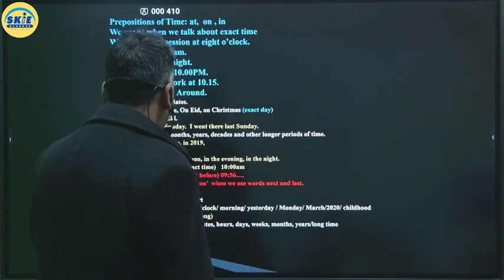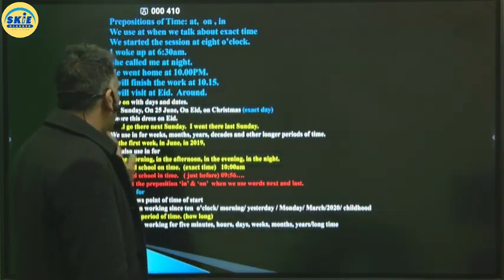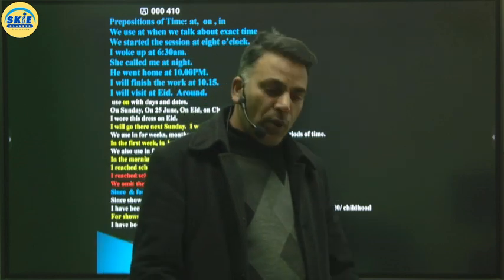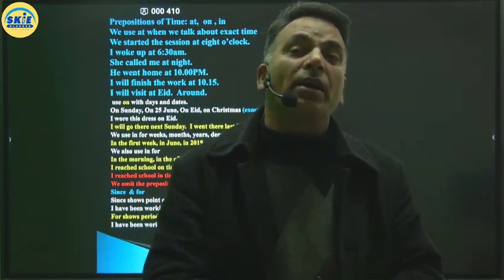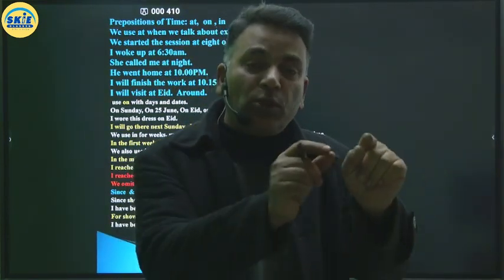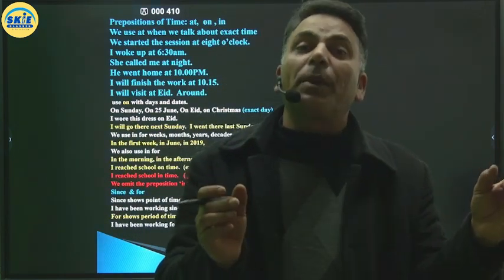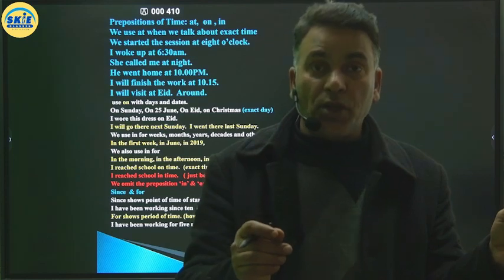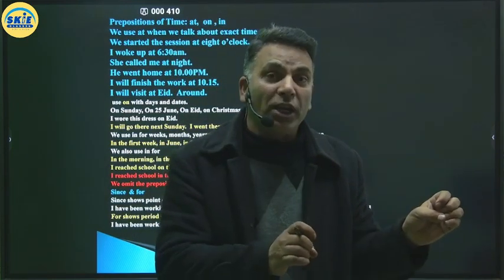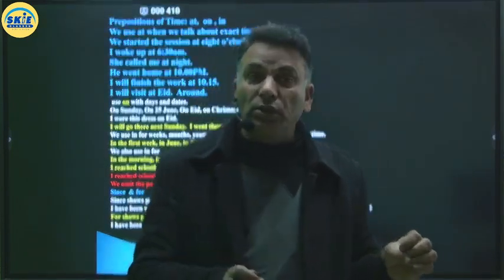Alright? And we also say in for longer periods of time like afternoon. Afternoon is a period of time. In the morning. Morning is an extended period of time. Right? In the morning, in the afternoon, right?